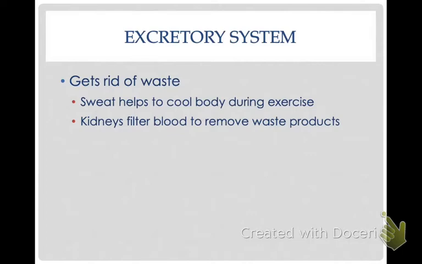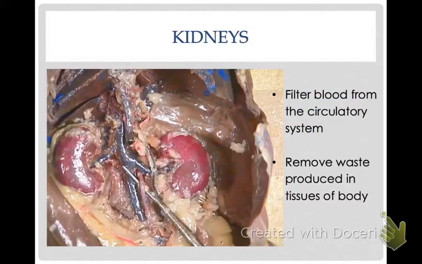So that is what we're going to be covering today, the organs that are used to help get rid of this waste. This slide is showing you the bean-shaped organs called the kidneys.